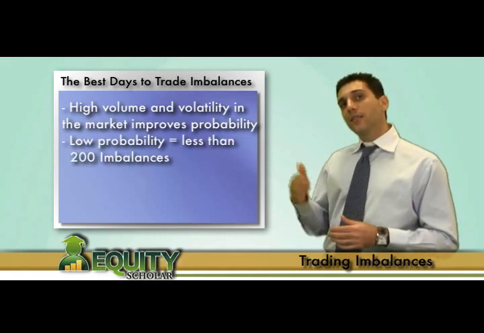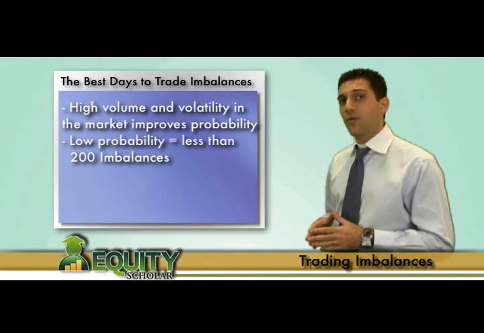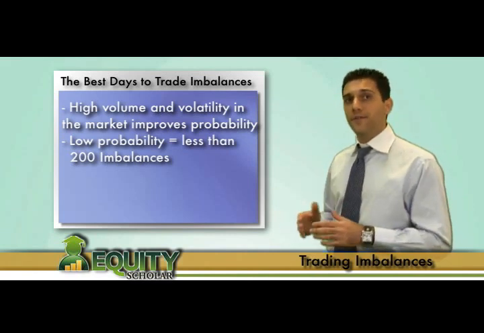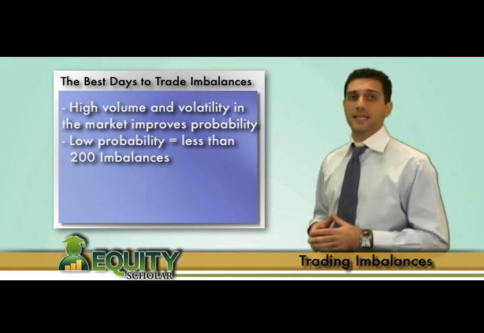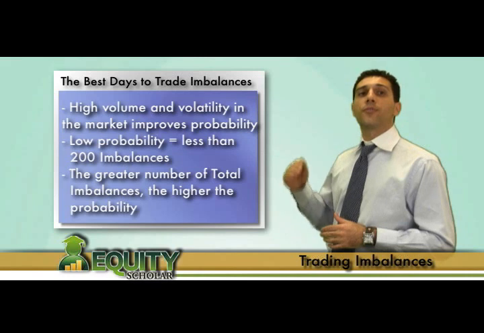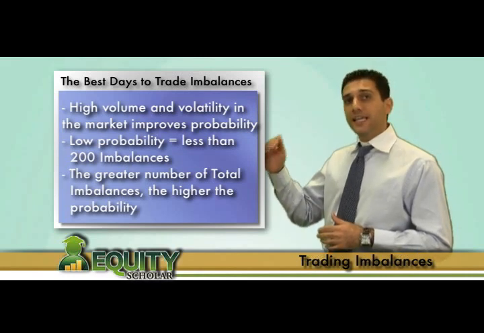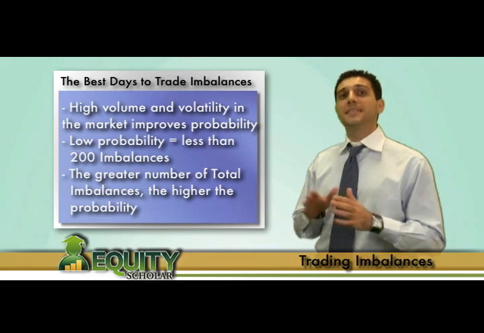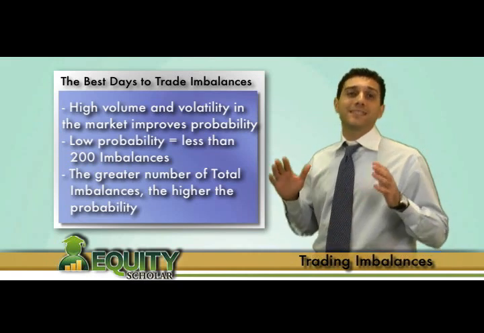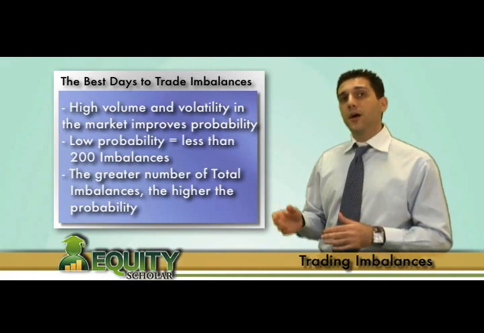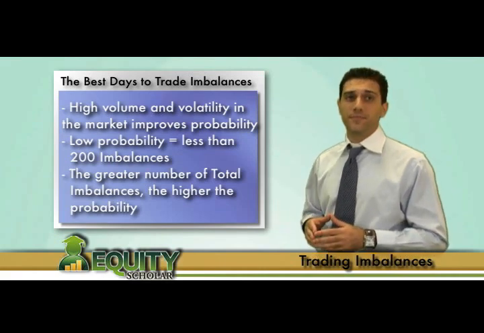Therefore, when there are less than 200 imbalances overall on the day, most, if not all, of the imbalances will most likely be satisfied. However, when that number rises to over 300, 400, even sometimes 500 stocks with imbalances, it then becomes difficult for all of them to be successfully fulfilled, thus creating the possibility of some significant moves.